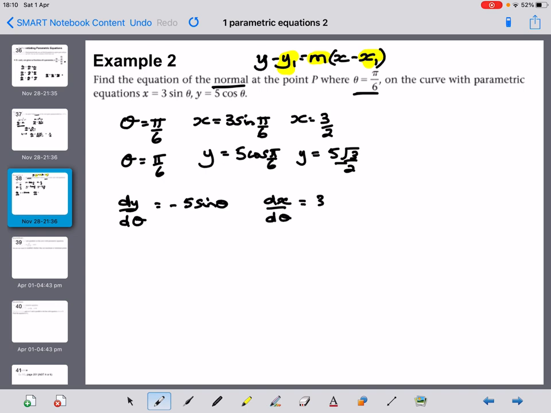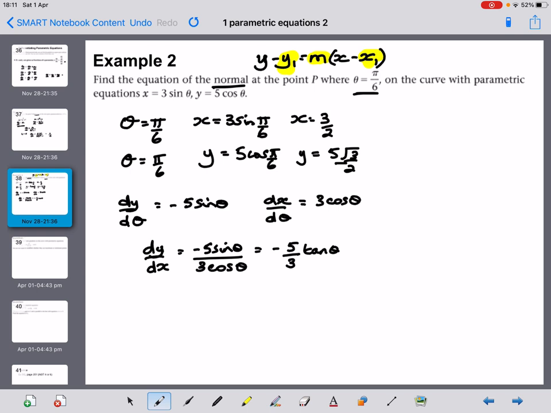So that's going to be 3 cos theta. So dy by dx is going to be dy by d theta, minus 5 sine theta, over dx by d theta, which is 3 cos theta. Sine over cos, we can simplify that to minus 5/3 tan theta, or minus 5 tan theta over 3.